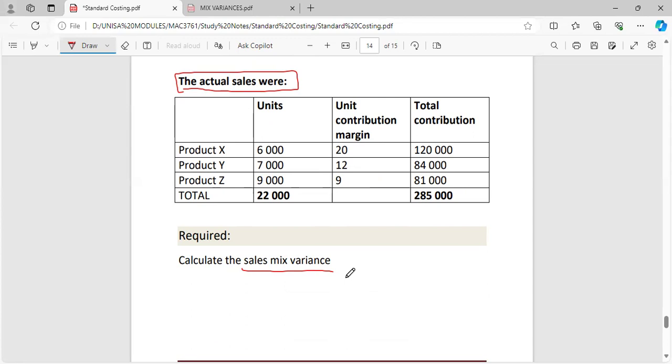Where do we start? It's still more or less the same as what we have been doing.